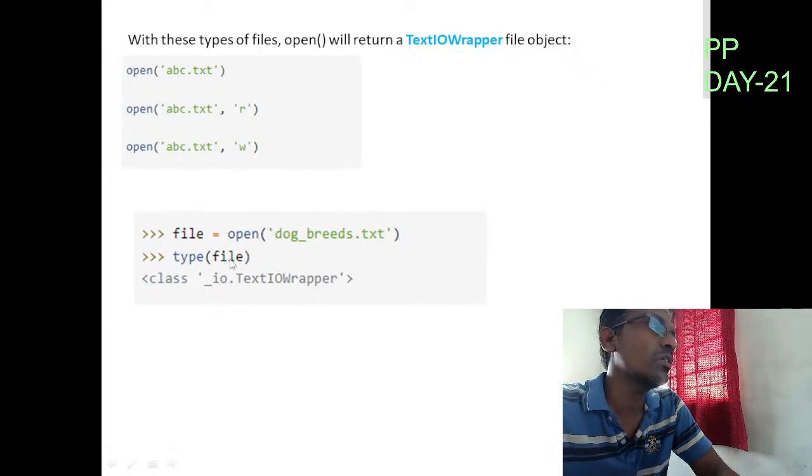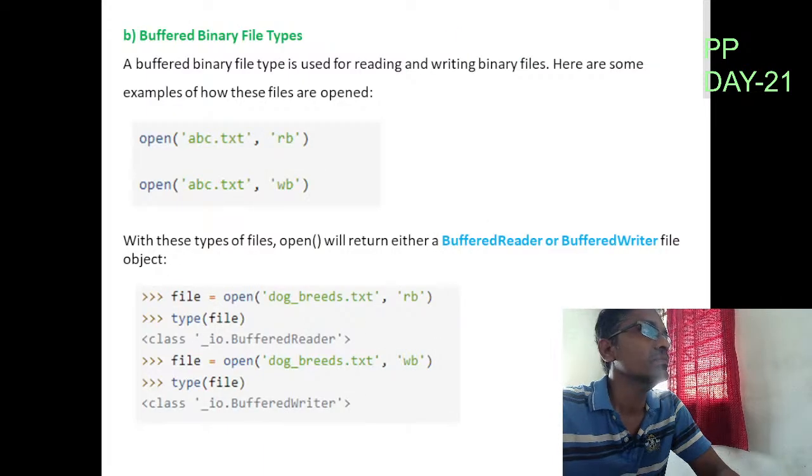So if you want to know the type of a file, use type followed by the file, and it returns the class io.TextIOWrapper. The second one is buffered binary files. Buffered binary files are used for reading and writing binary files.